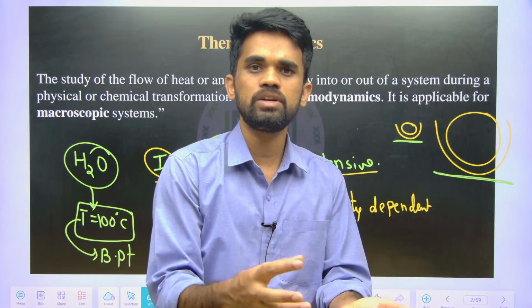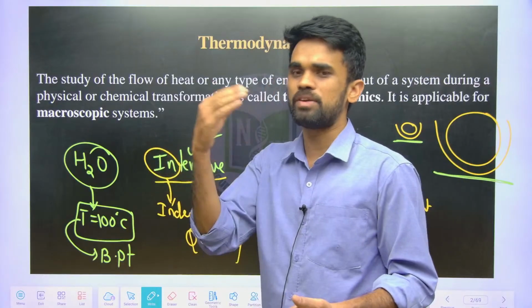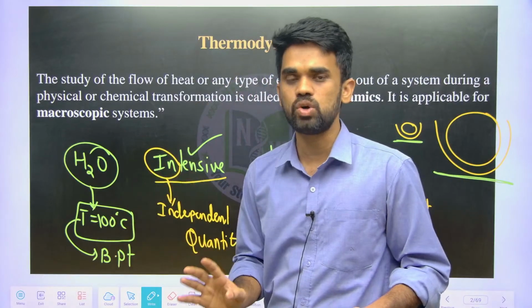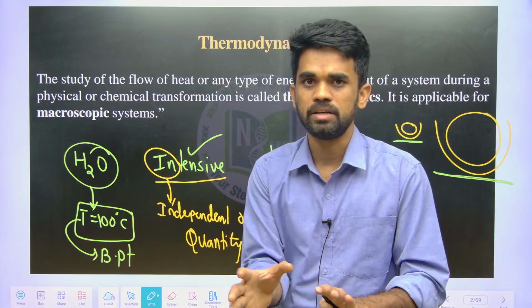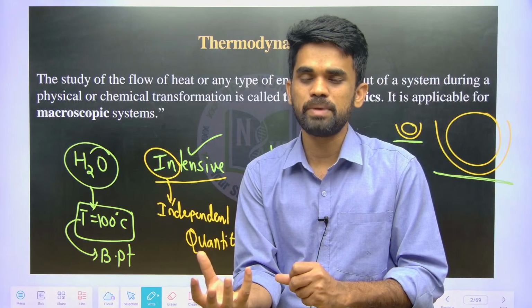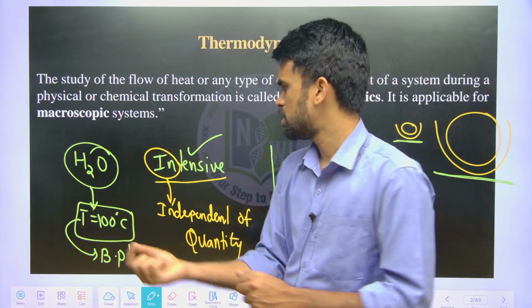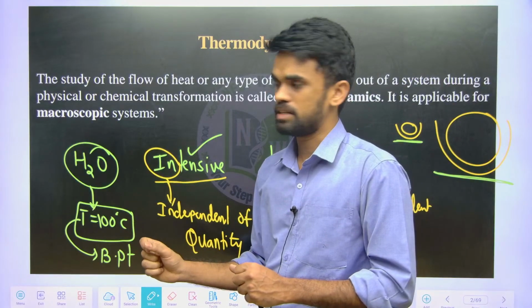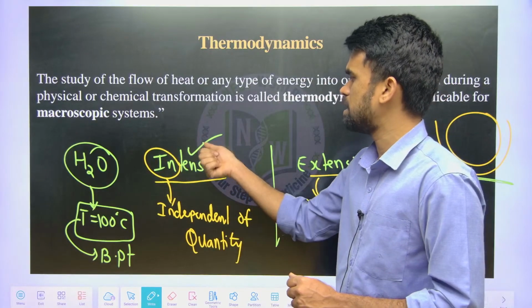If you heat it to 100 degrees, it will convert from liquid to vapor phase at 100 degrees Celsius only. It does not depend on the quantity of matter. It is just depending on what type of matter it is. So it is independent of quantity of matter, and you can say it is an intensive property.